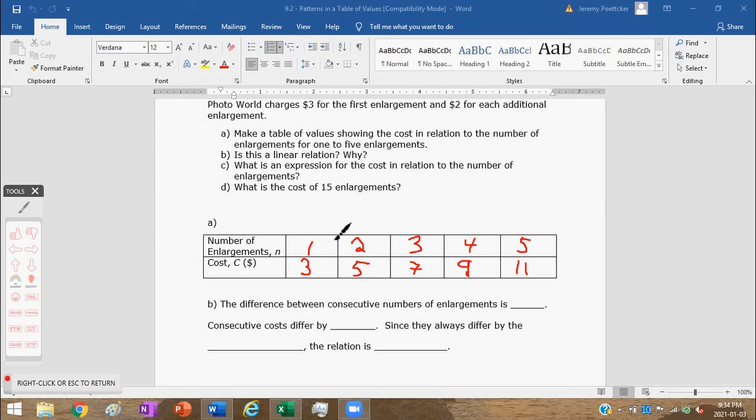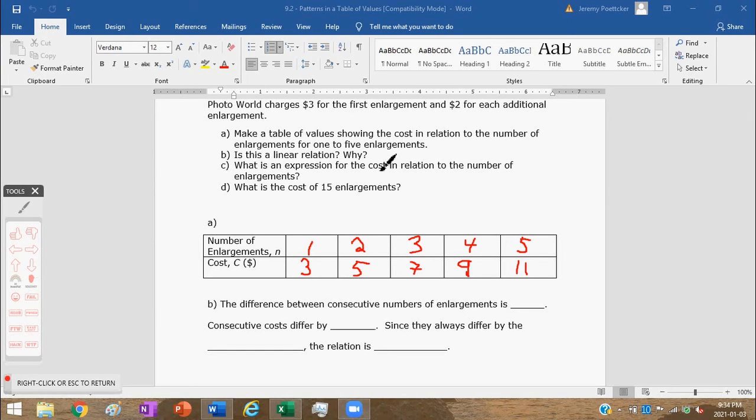Is this a linear relation? Well, remember, if it's a linear relation, each time, the difference between all of these is 1. That's pretty easy to see, right? We can count, and so there, yeah, we're good. What about these ones here? What's the difference between here? Difference here is 2, 2, 2, 2. It is a linear relation, so yes.